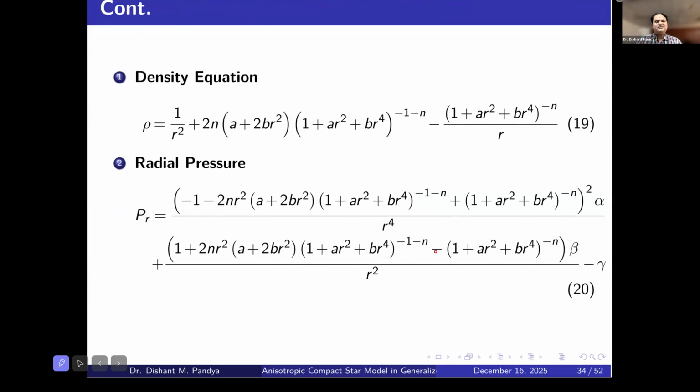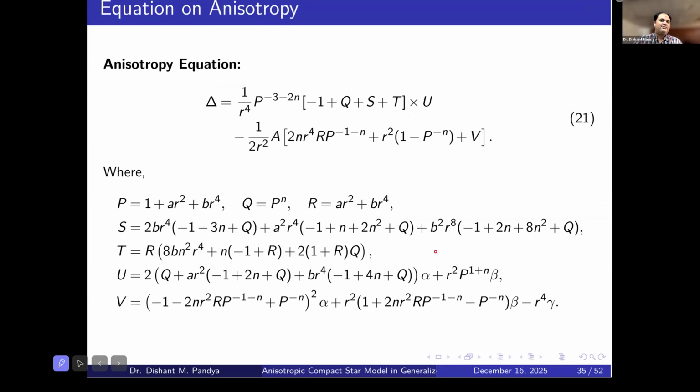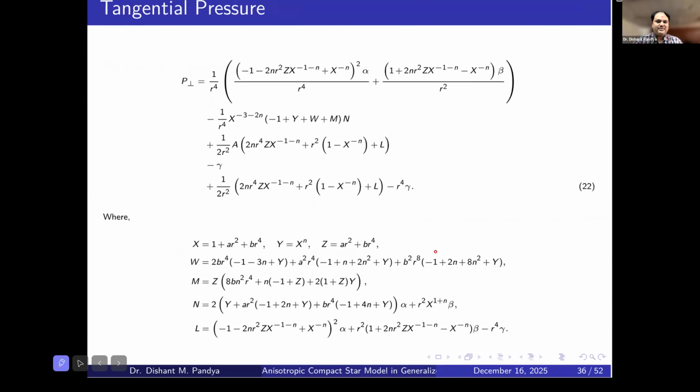Otherwise, what usually happens is that radial pressure has a small expression, without that much large calculation, but still you can see here the intensity of the equation. It has larger terms, and of course that will reflect in the calculation of anisotropy as well. This delta is nothing but the anisotropy, and we calculated this anisotropy expression and the P perp expression.